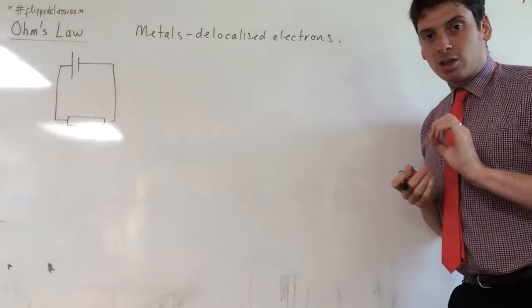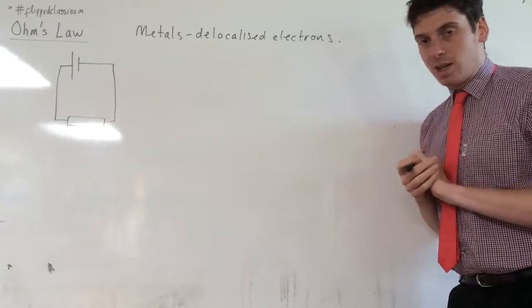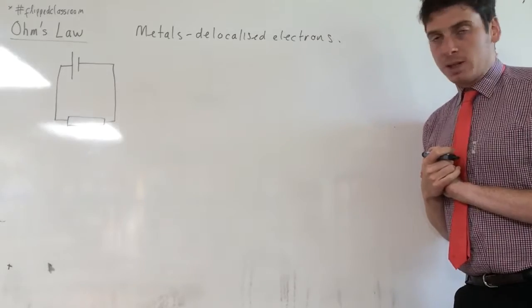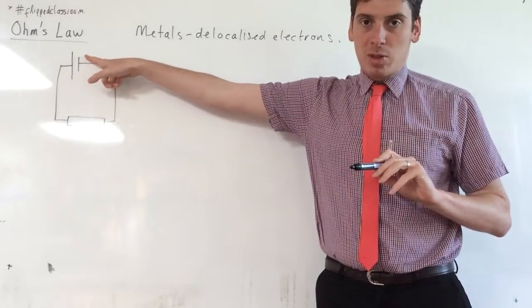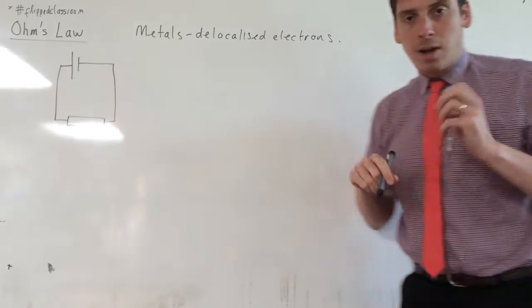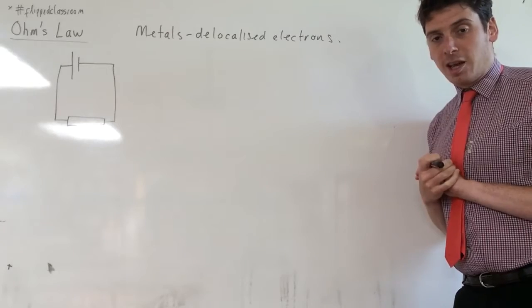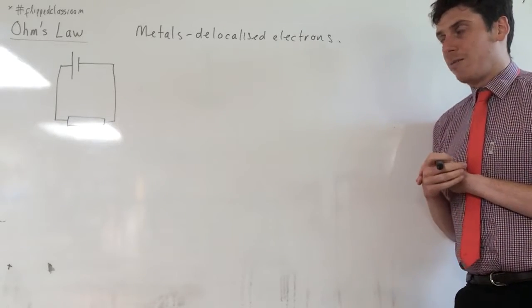Those electrons carry charge, and that is what your electricity essentially is. Now, what makes those electrons move in the circuit? This power supply. The power supply supplies voltage to the electrons that are in the circuit. Current is the movement of these electrons around the circuit.